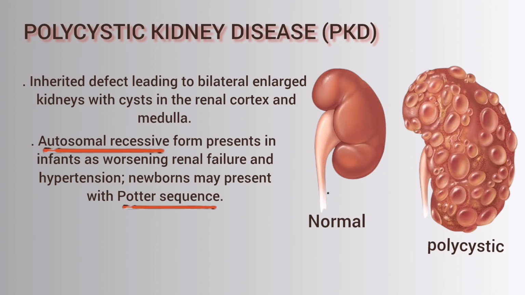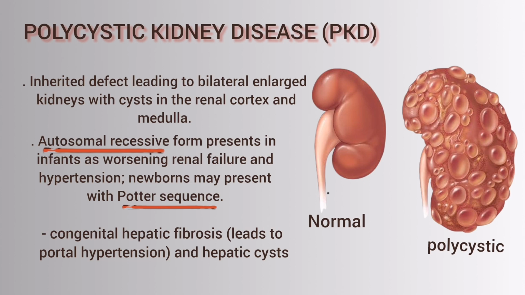Newborns may present with a Potter sequence, as we already discussed recently in the renal agenesis section. If the condition is autosomal recessive, it is associated with congenital hepatic fibrosis, which will lead to portal hypertension and hepatic cysts.